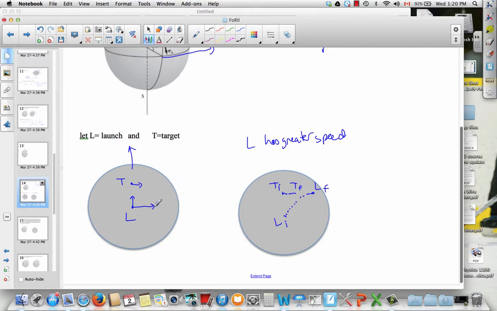So this would be the y-axis. We're looking down from above, so the y-axis is to the right. So the launch point has a greater speed in the y direction than the target, due to v is r omega, and being at a greater distance from the rotational axis.